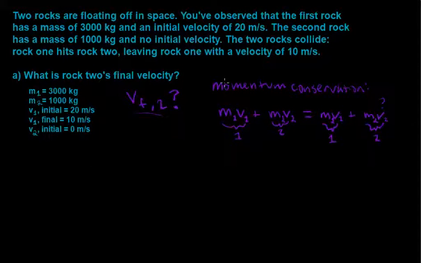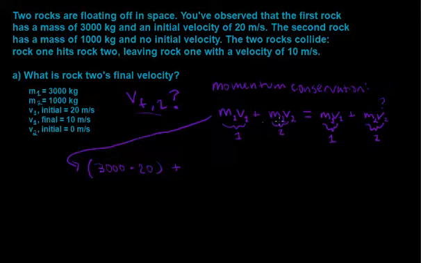So then all we have to do is bring this down here and just plug in all of the numbers that we know. In the initial state, the mass of rock 1 is 3,000 kilograms times the initial velocity of rock 1, which is 20 meters per second, plus the mass of rock 2, 1,000 kilograms, times the initial velocity of rock 2, which is 0 meters per second.